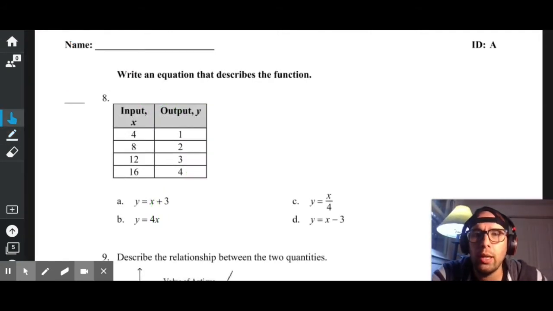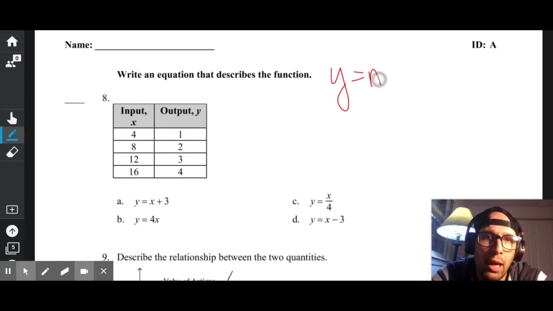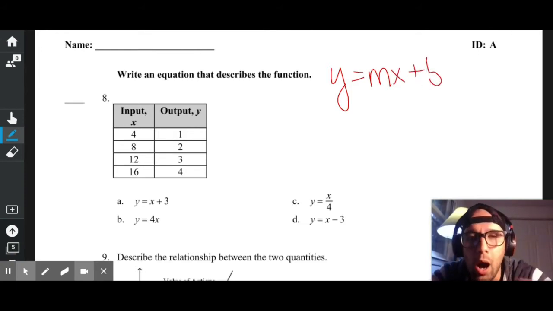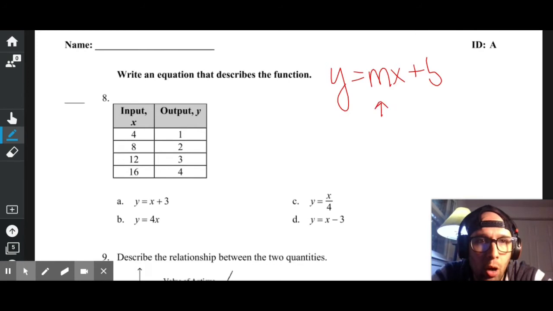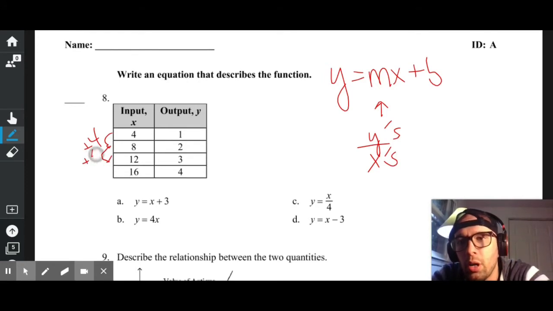Okay, write an equation that describes the function. One of these again. Well, we need to write out y equals mx plus b. The slope, m, is the change in y's over the change in x's. So it looks like the x's go up 4, up 4, up 4.